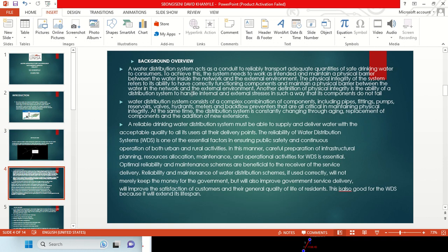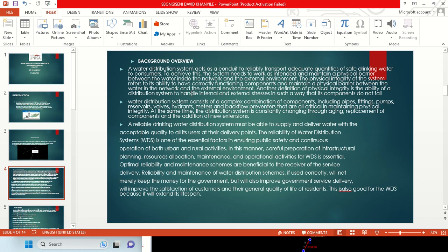For a background overview, a water distribution system acts as a conduit to reliably transport an adequate quantity of safe drinking water to consumers, which are citizens.